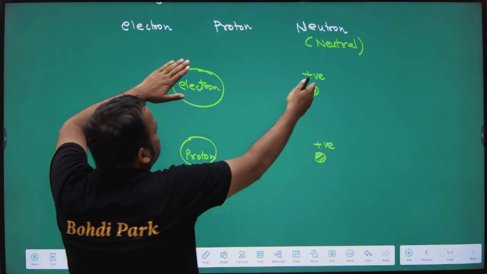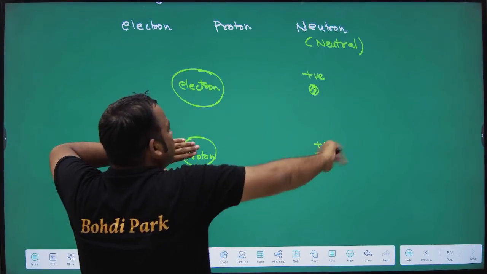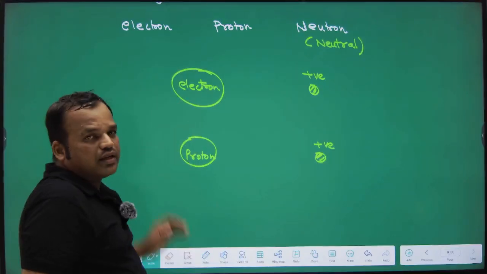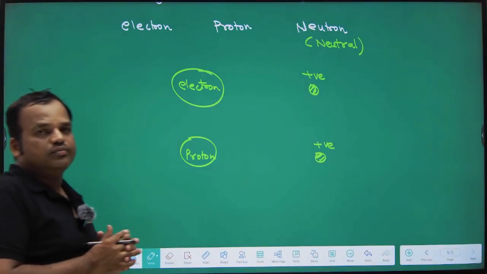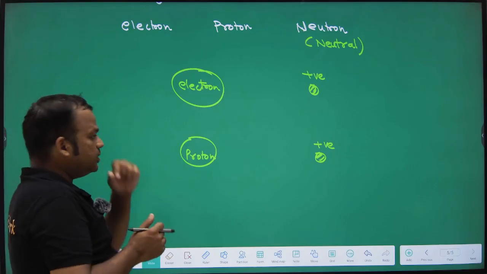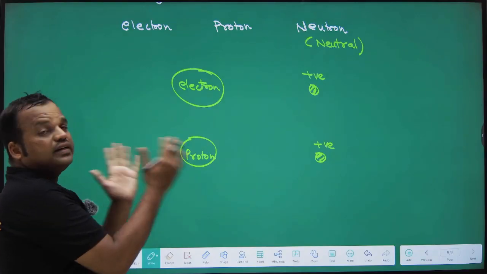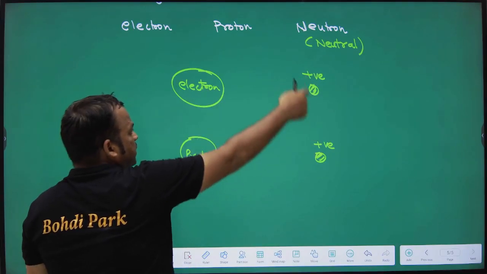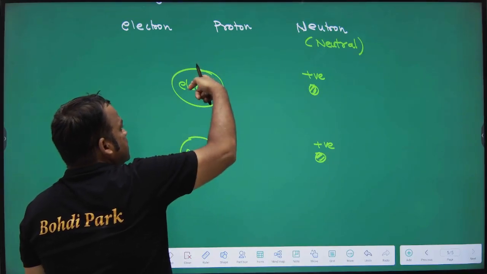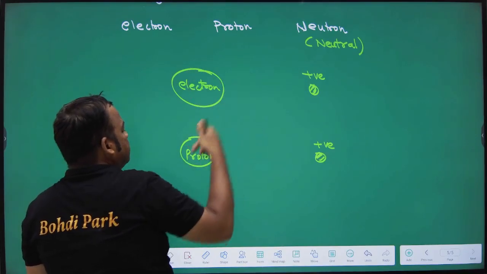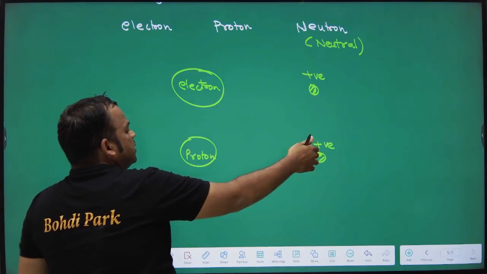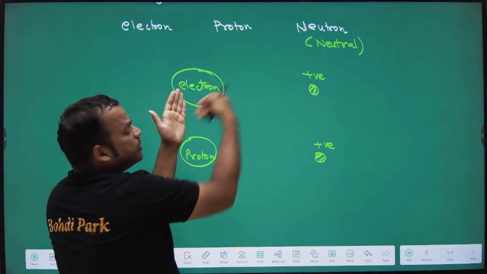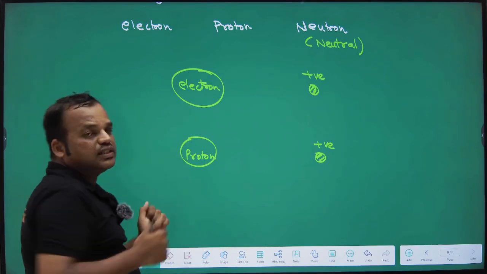So the electron will attract this object, but the proton will repel it. So that means electron and proton have opposite nature, in the sense of how they interact with another charged body. The electron pulls it and the proton pushes it away. So they have opposite nature.